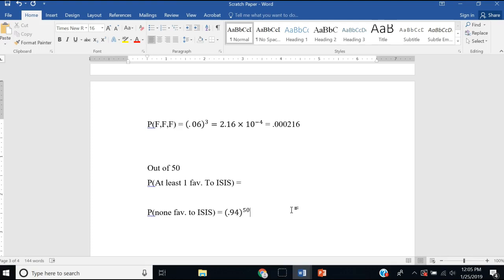Now, this is obviously one you're going to need your calculator for. And notice that I'm not writing out 0.94 times 0.94 because that takes too much time. This is one where you're going to need your calculator and exponents. But what I got is about 0.0453.